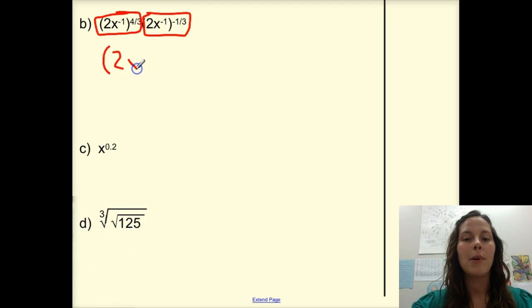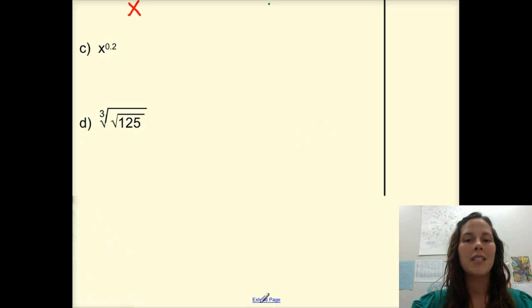So I'm keeping my base 2x to the negative 1, and I'm combining my powers. 4/3 plus negative 1/3 is 3/3, or 1. I've still got a negative exponent in there, that x, so I'm going to flip that to the denominator, and that power is going to become positive as well.